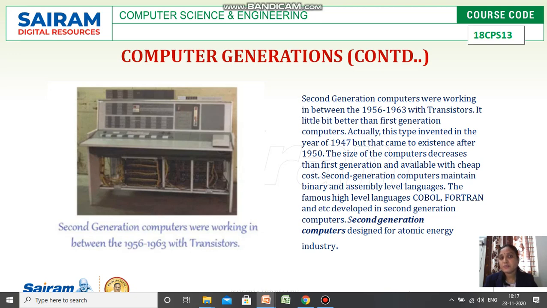Whereas the first generation computer was used in the US for the first time for calculating the census of a population, that is, to count how many people are there. For that purpose they developed the first generation computers, whereas second generation computers were designed for atomic energy industries in order to take care of the readings, and different applications also made use of the second generation computers.